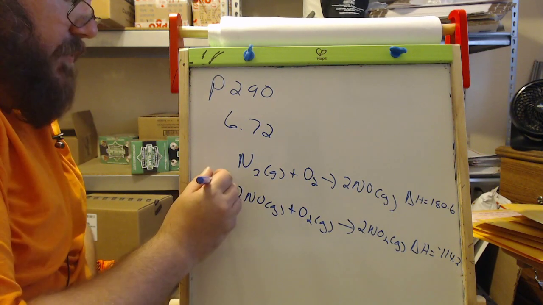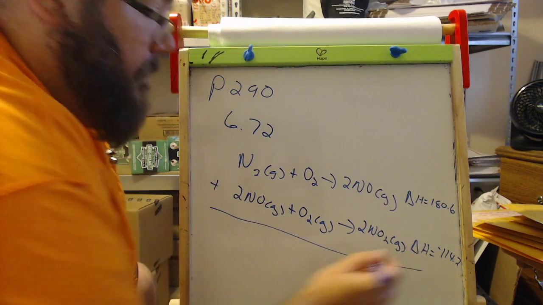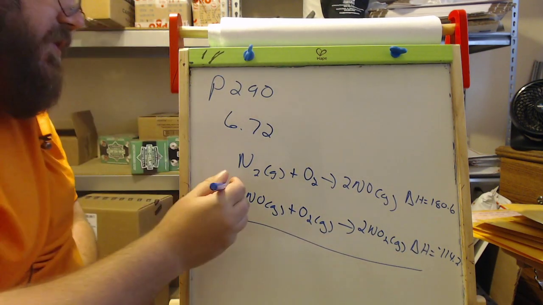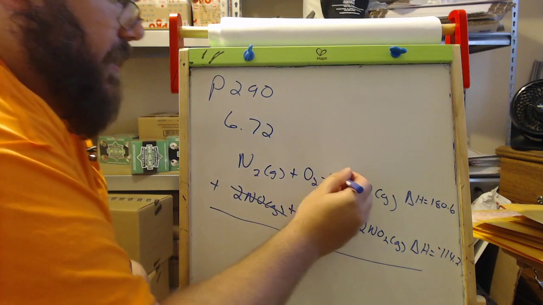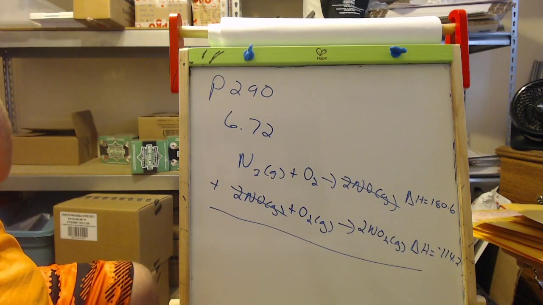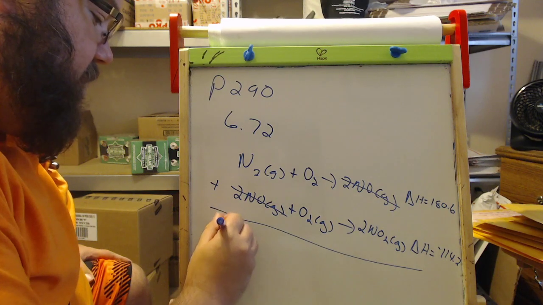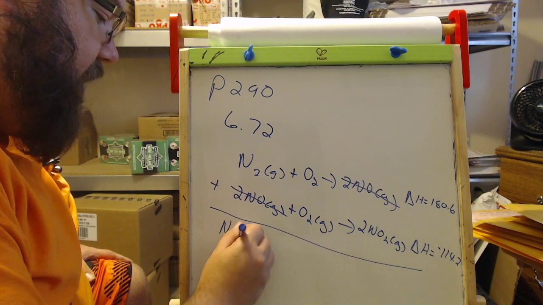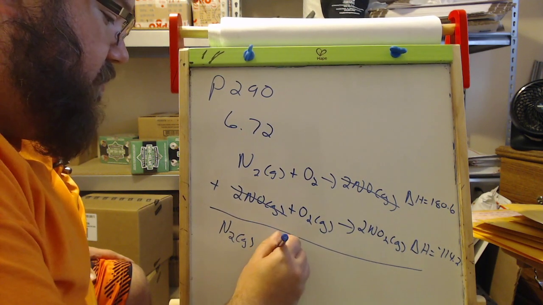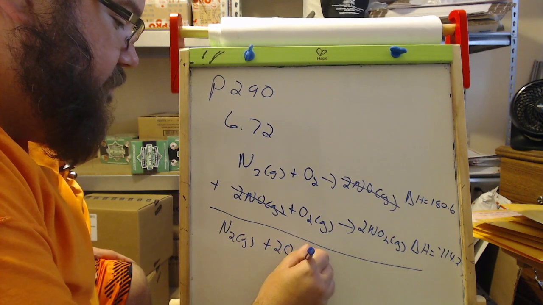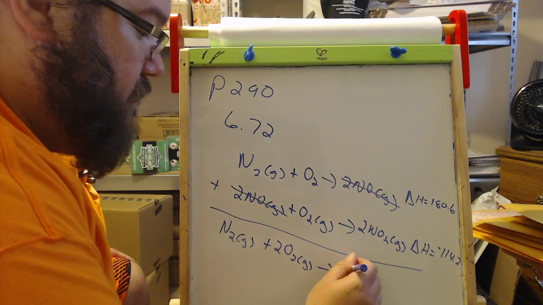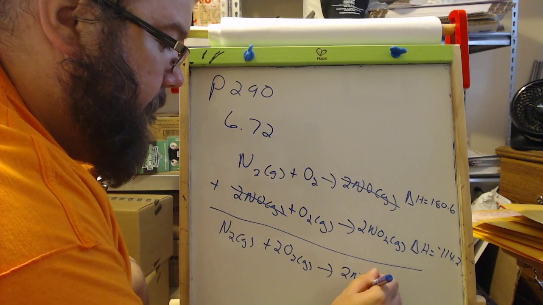Okay, I'm just going to add the two equations together. Just like in algebra, if something's on the left-hand side and on the right-hand side, they can cancel each other out. Add up like terms. So I'm ending with N2 gas plus 2O2 gas yields 2NO2 gas.